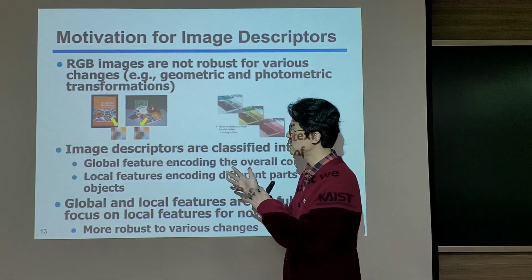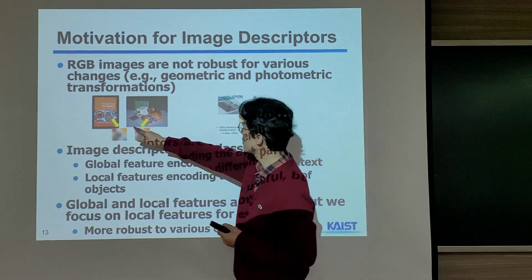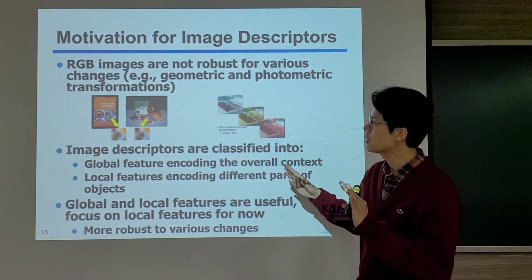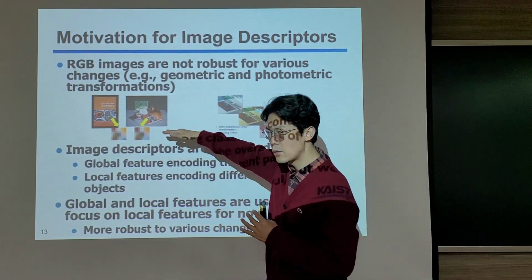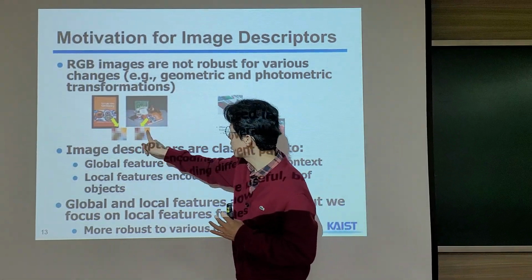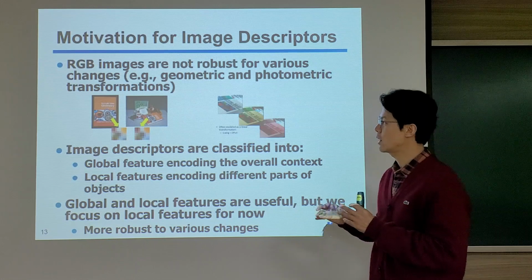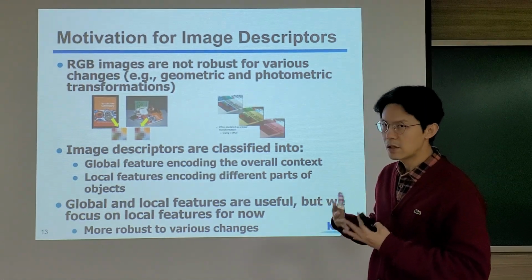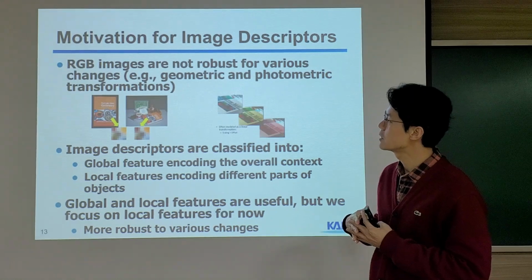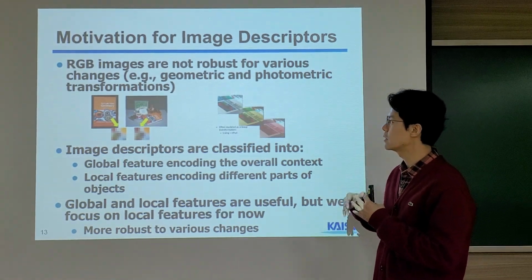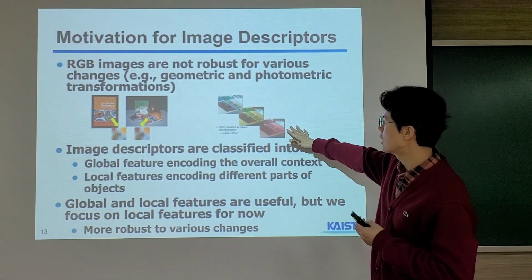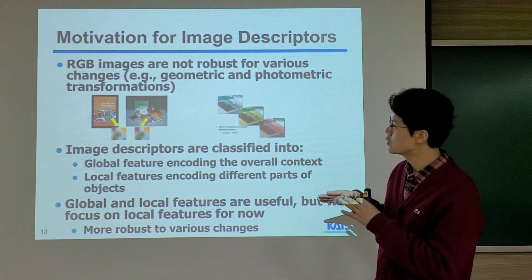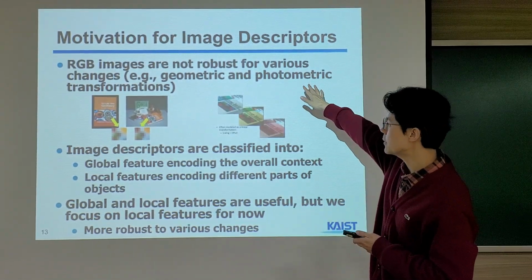In the ideal case, they look a little bit different, but somehow we convert this image patch into a canonical space so that we can have a very similar looking image patch. If we can do that, we can use the RGB patch itself, but there could be many other changes. So instead of using the RGB image, we use some sort of image descriptor.